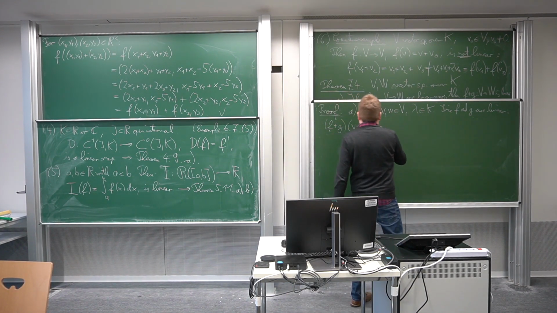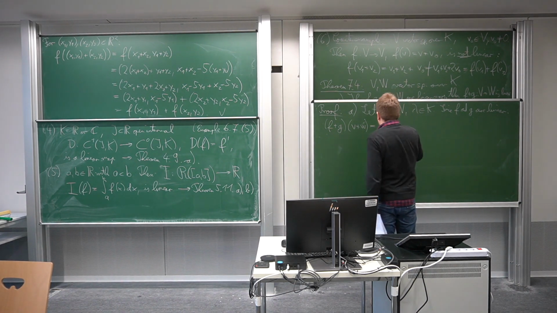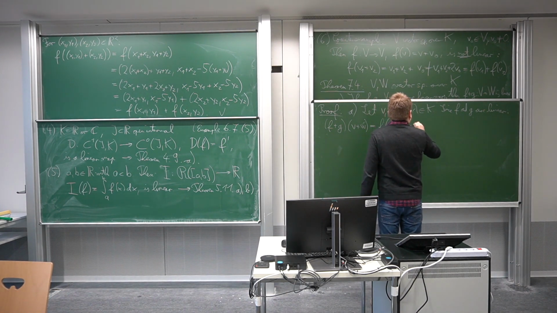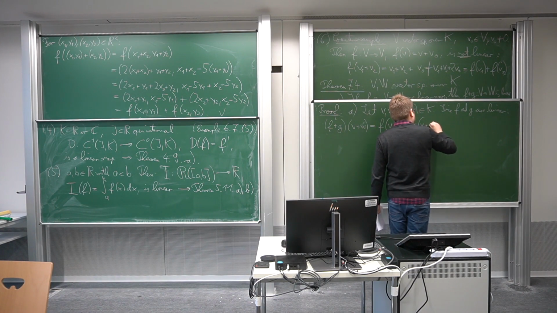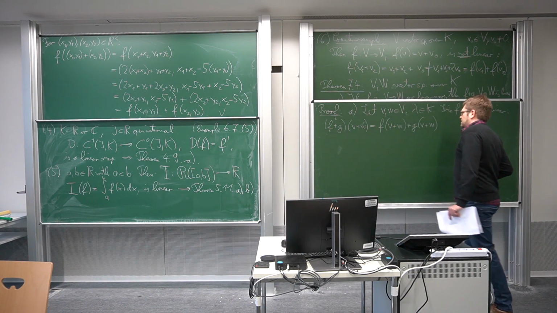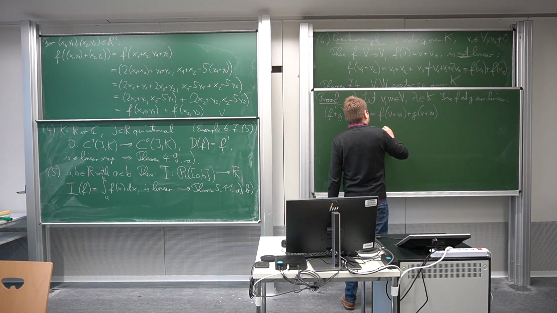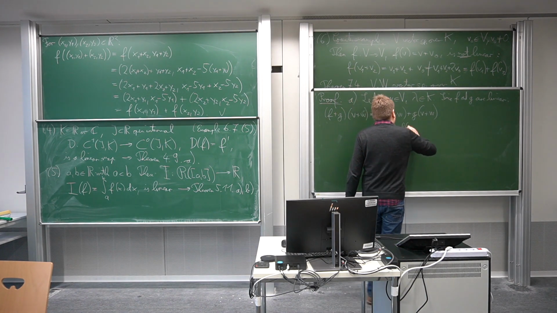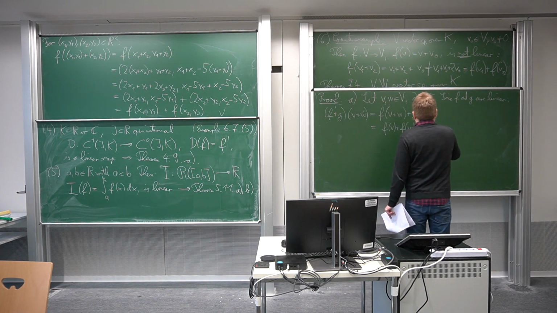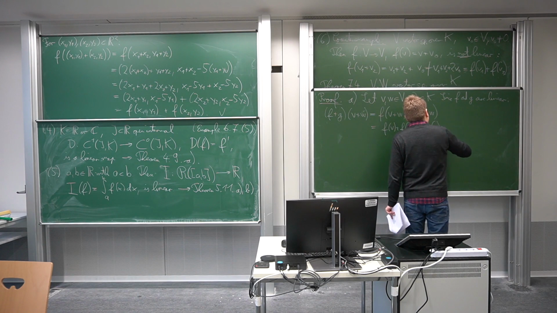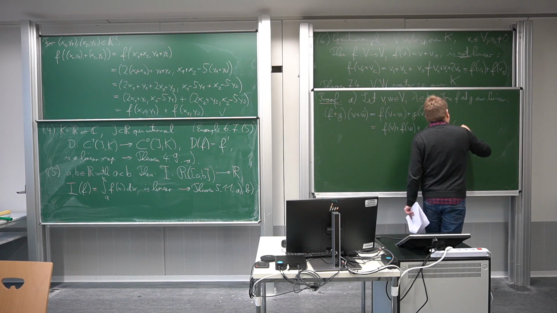By definition of the sum of maps, this is nothing but F of v plus w plus G of v plus w. Now we need the linearity of F and G, because since F and G are linear, this is F of v plus F of w, and the same here, G of v plus G of w.